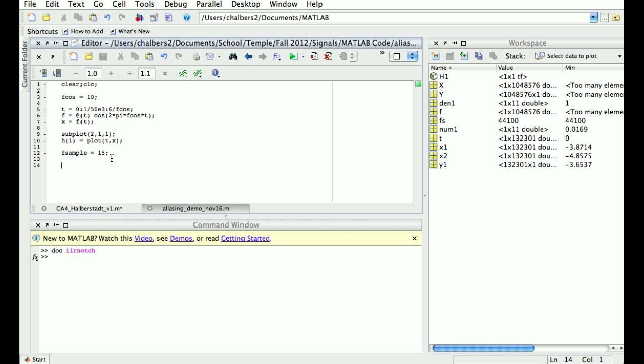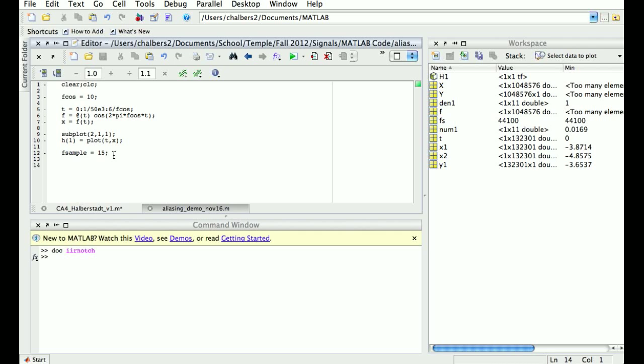First of all, we're defining the frequency of our continuous signal, a frequency of 10 hertz. Don't worry too much about the syntax here. This is basically just defining a function. But we're going to sample this cosine with a sampling rate of 15 hertz, and we want to see what happens.